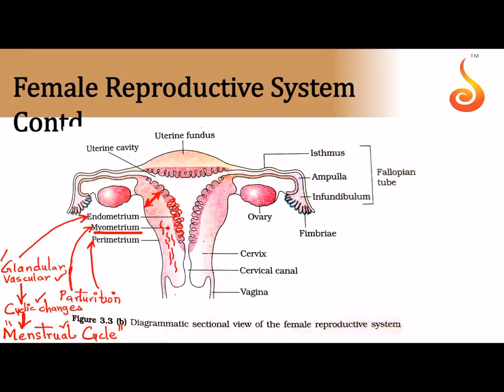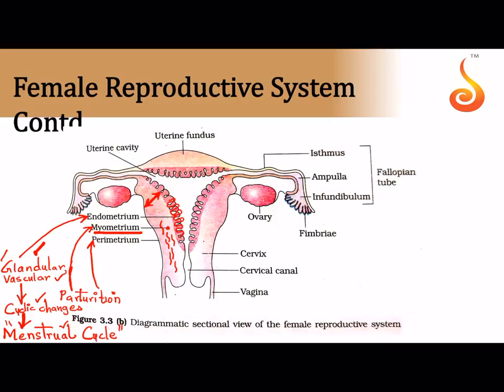I want you to write down endometrium, whatever I wrote here, then the middle layer, myometrium. Myometrium is made up of what? Smooth muscles. Now, do you all recall what smooth muscles are? Are they voluntary or involuntary? Think about it. Yes, involuntary.